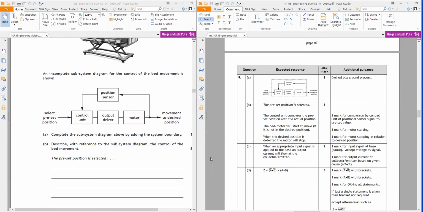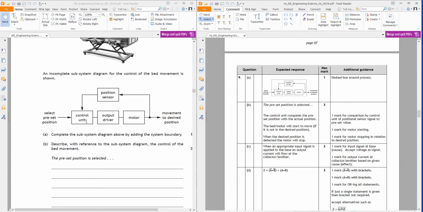Okay. Now, then asks us to describe the whole system. The preset position is selected. It's fed into the control unit. The control unit, now the magic word is compares the actual position with the preset one, and it'll decide. It compares and it decides. The control unit compares and decides.